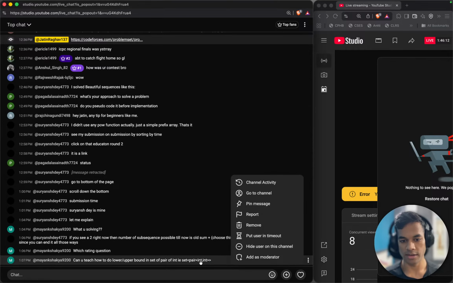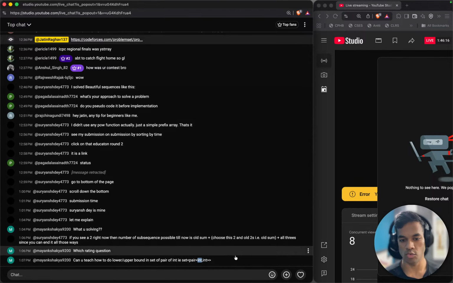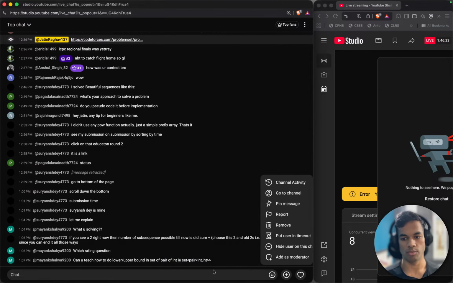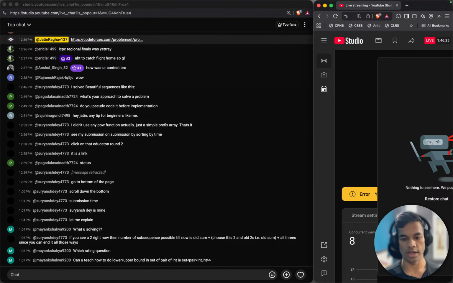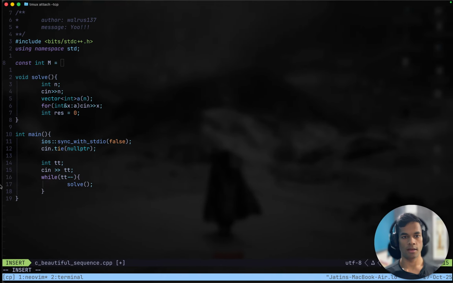C++ internally compares the first element first and then the second element if the first elements are equal to each other. So you can just call the lower bound and upper bound function for a pair. There is no problem, like normally you would call it for any normal vector with integers. Okay.